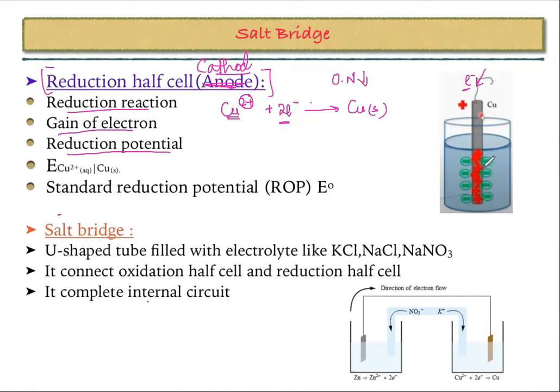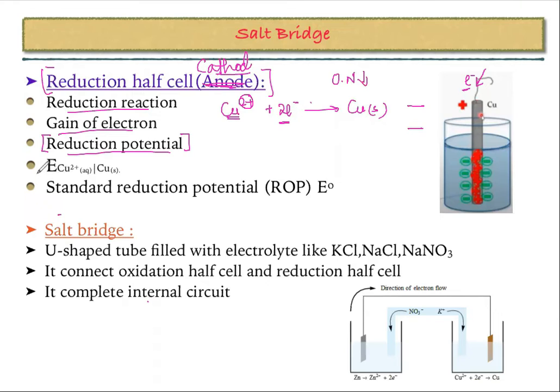Here you can see the red colors are the electrons and these are the Cu2+. So there will be a potential generated. Basic concept of physics says whenever two charges are there, they create a potential difference. Here you see negative and positive charge, which describes the reduction potential.